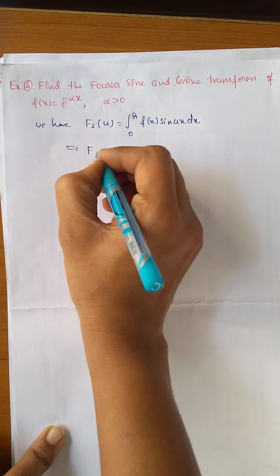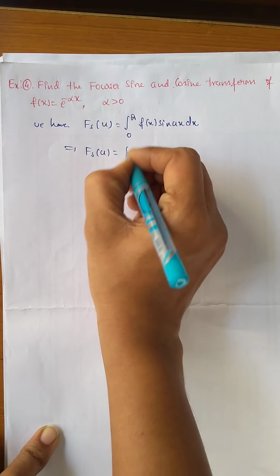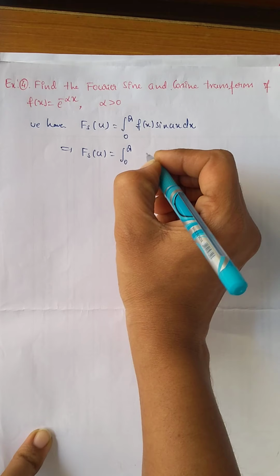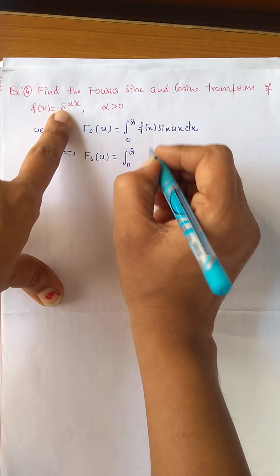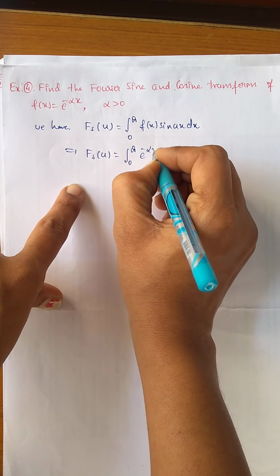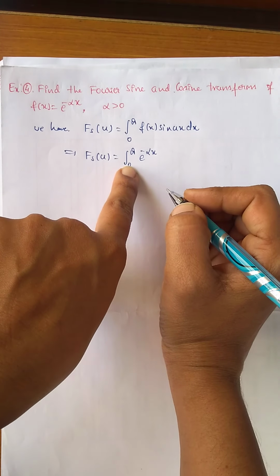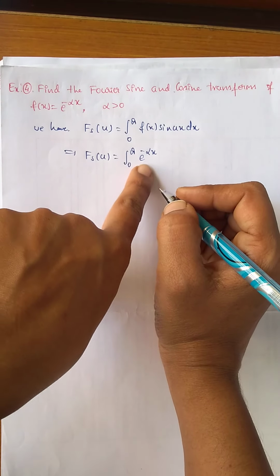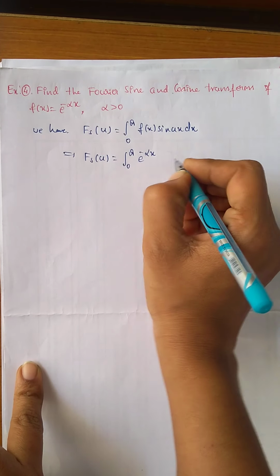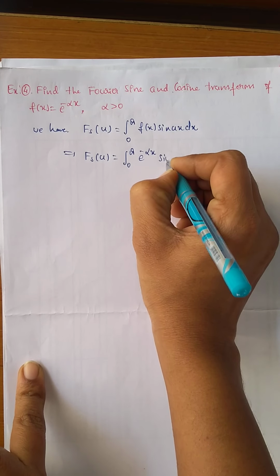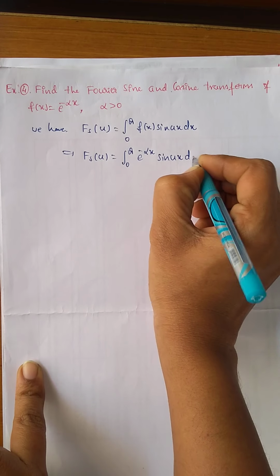Next, substitute the given function. Fs of u is equal to the integration from 0 to infinity; f of x is what? e to the power of minus alpha x. Here alpha is greater than 0, so the limit also runs from 0 to infinity: e to the power of minus alpha x into sin ux dx.